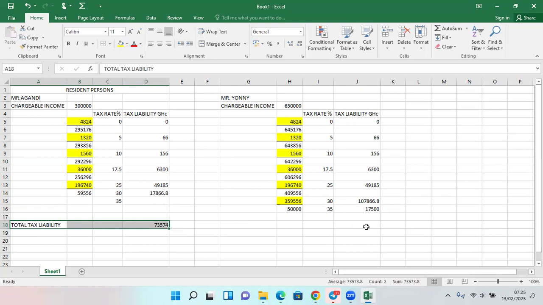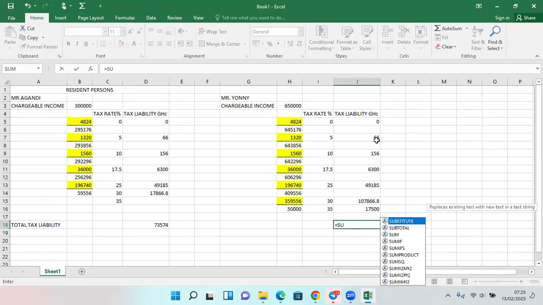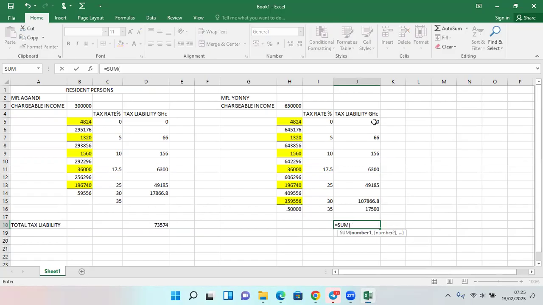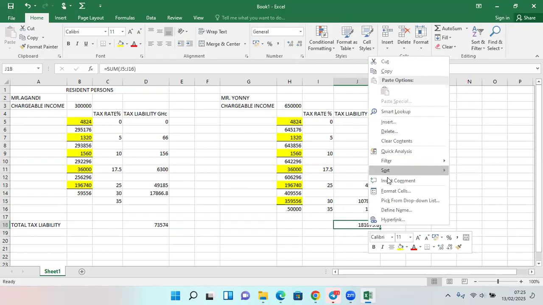Now get tax liability here. So tax liability is going to sum from around it.